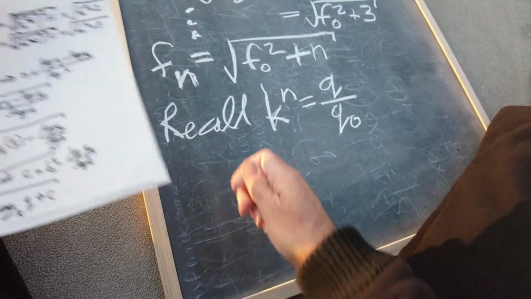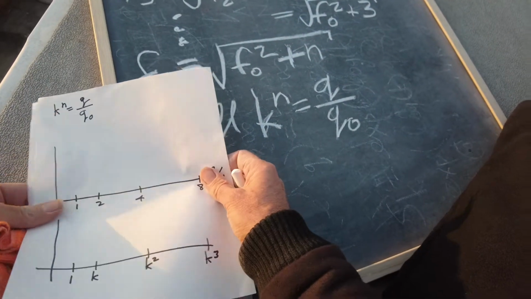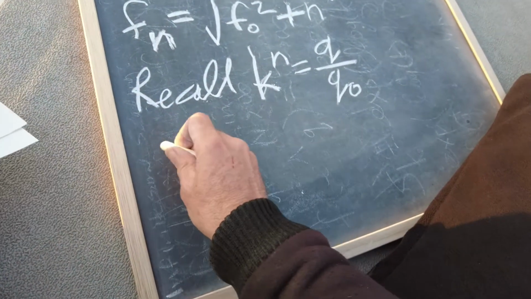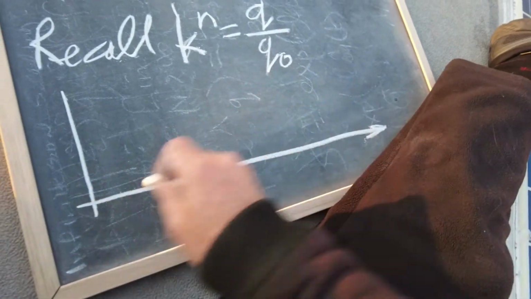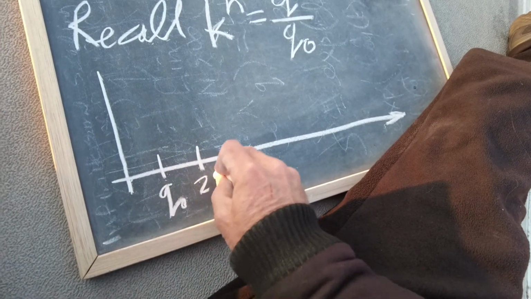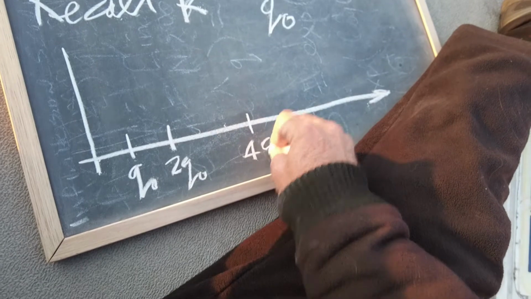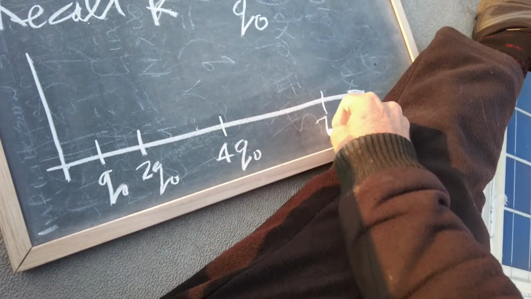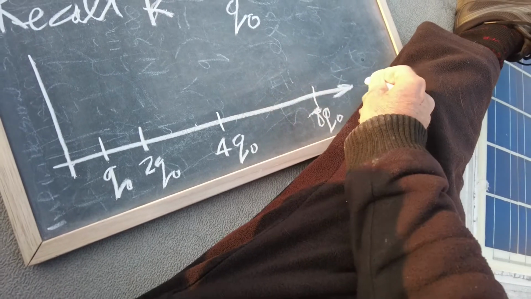If you remember back when we did that graph, we had the photocell experiment. We had some quantity of light q0, and then 2q0 when we were doing it with a 2-to-1 ratio, 4q0, 8q0.